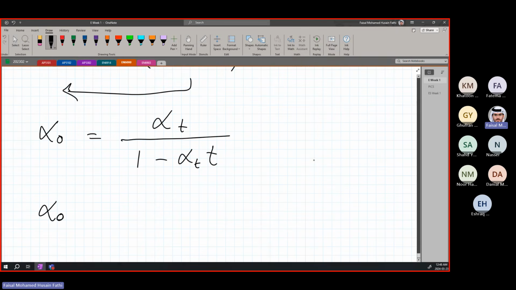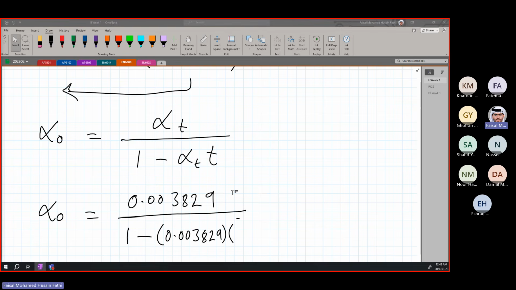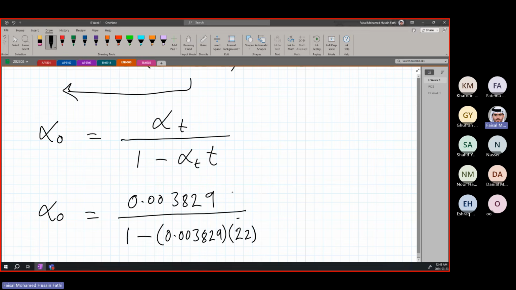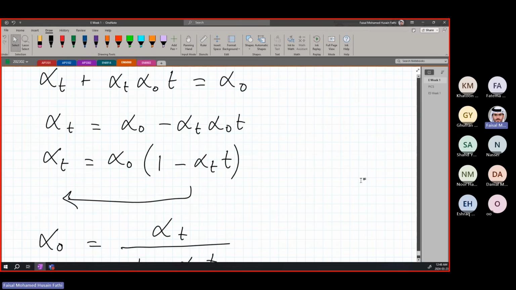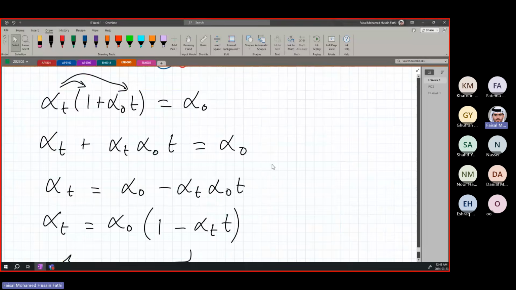So alpha 0 is equal to 0.003829 over 1 minus 0.003829 times the temperature, which is 22 degrees in this case. 22 degrees given in the question.